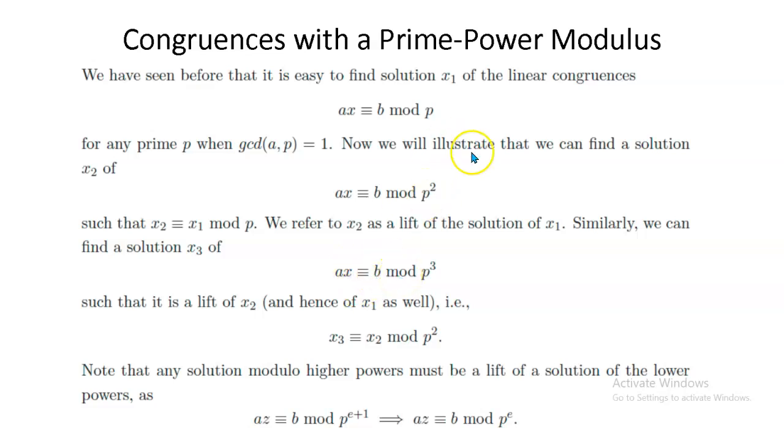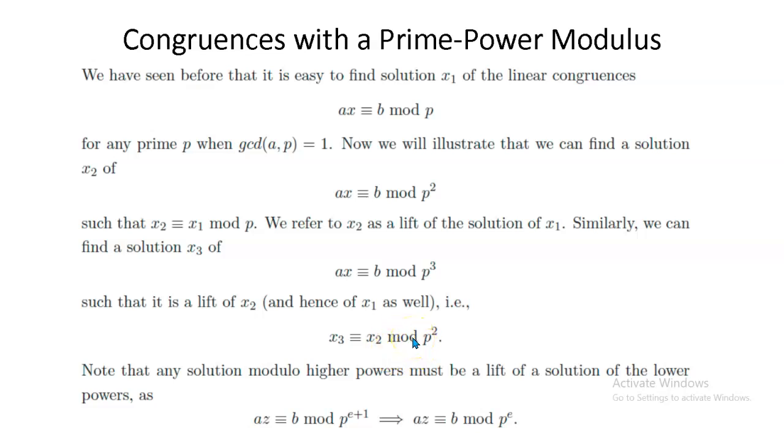Now we are going to take the power of prime numbers, where ax congruent to b mod p, GCD of a and p is 1. Next we find ax congruent to b mod p^2, and mod p^3, such that x2 is congruent to x1 mod p, and x3 is congruent to x2 mod p^2.